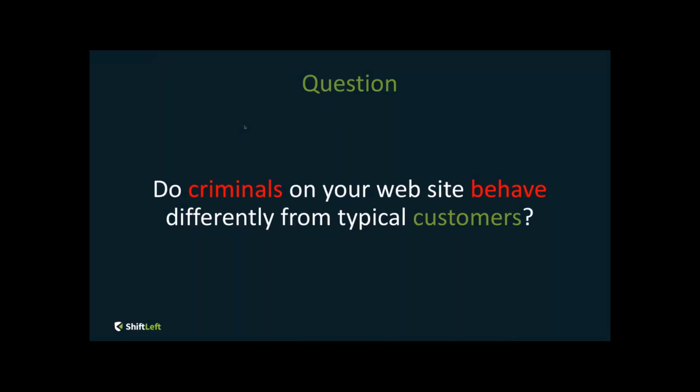So let us start this webinar by asking an overarching question. Do criminals on your website behave differently from typical customers? When I say website, I actually mean web application. And in that web application, there are essentially three security properties that should be preserved: input validity, state integrity, and logic correctness.